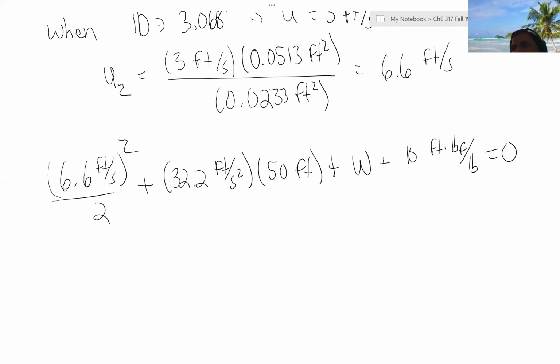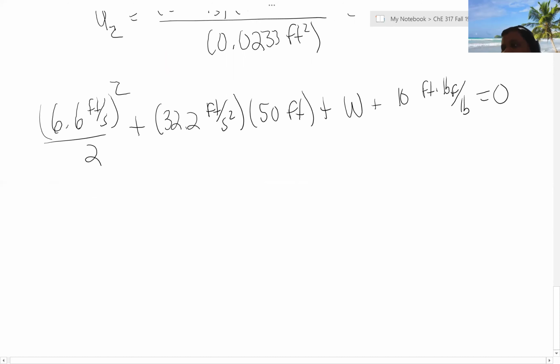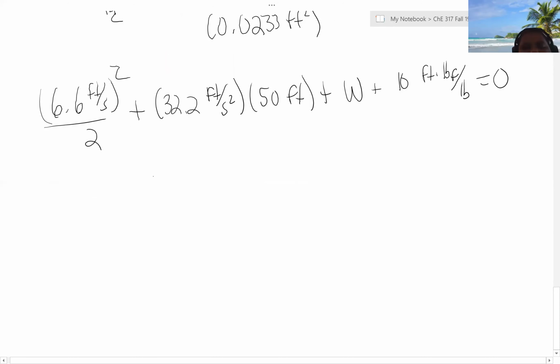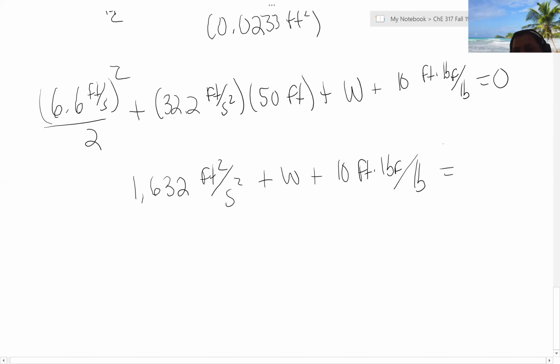So I do that, I should end up with approximately 1,632 feet squared per second squared plus work plus 10 foot-pound force per pound mass equals 0.